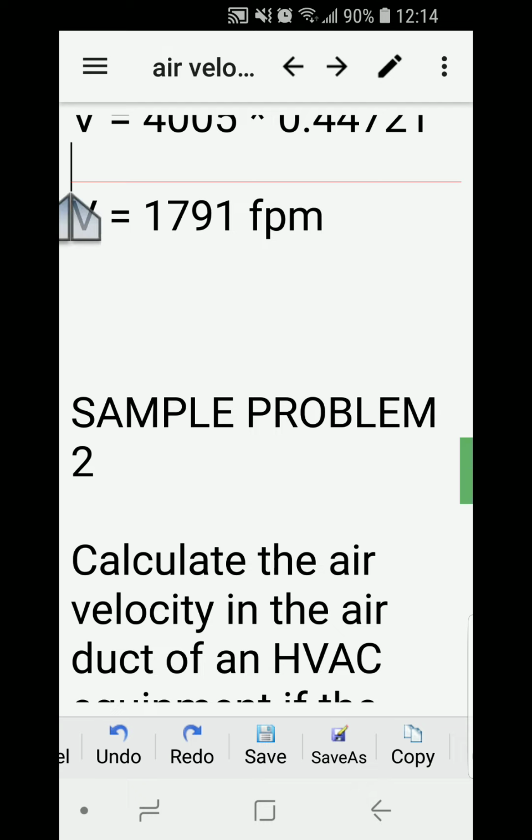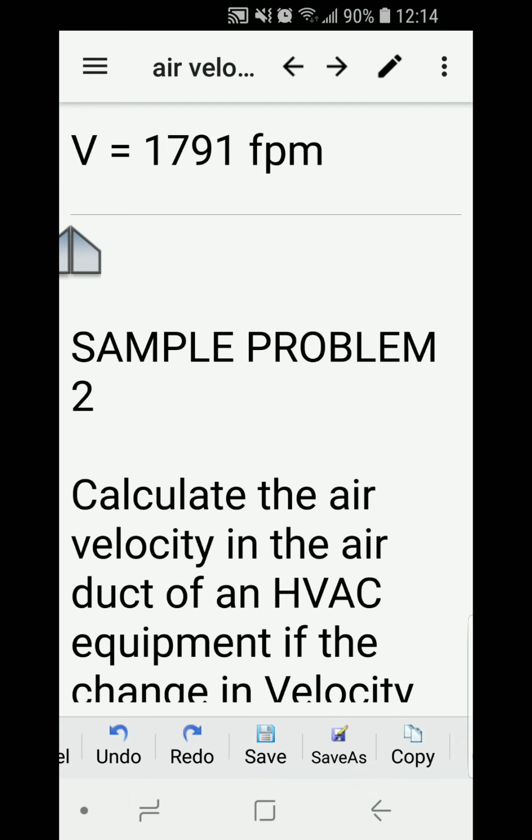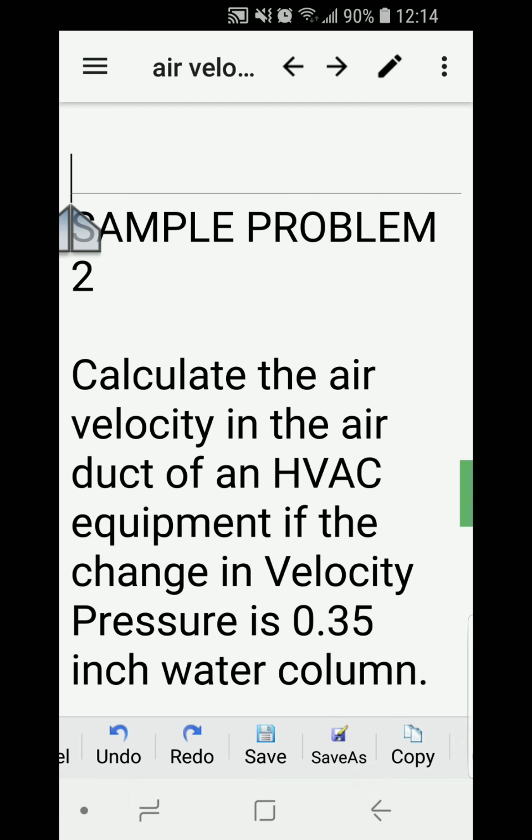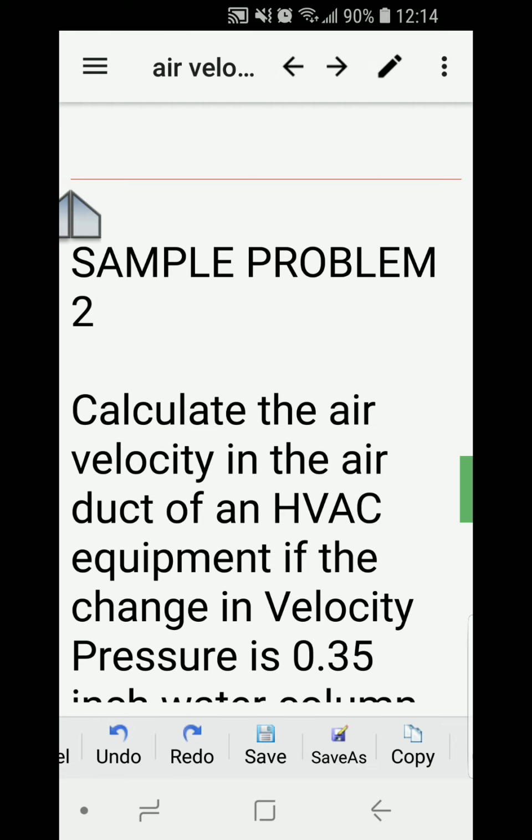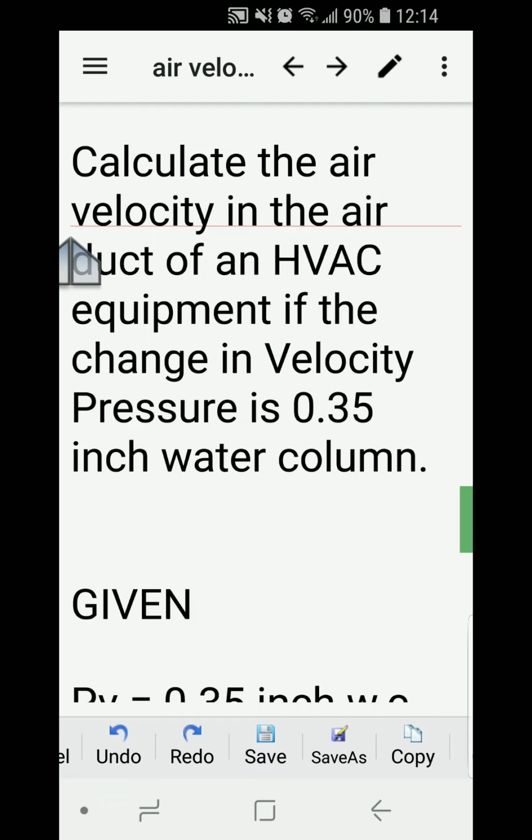So another problem here, sample problem number 2. Calculate the air velocity in the air duct of an HVAC equipment if the change in velocity pressure is 0.35 inch water column.